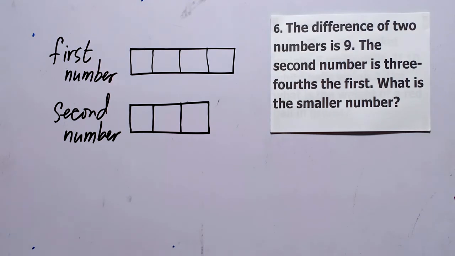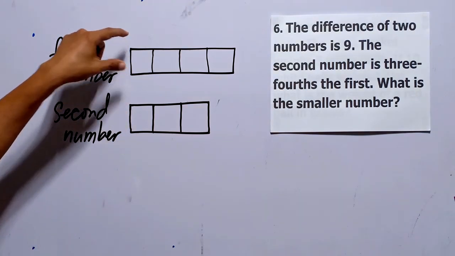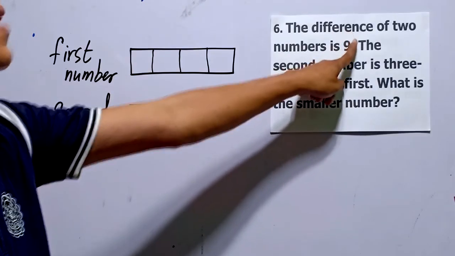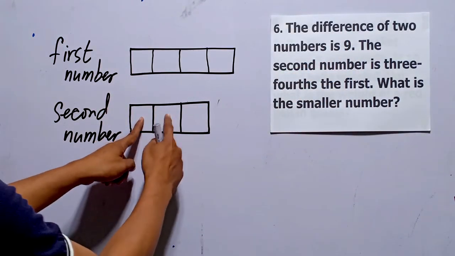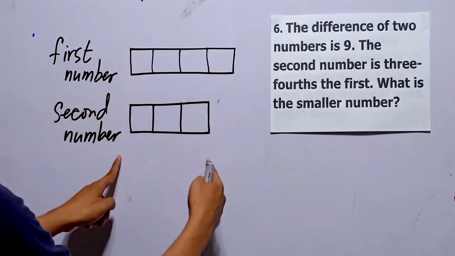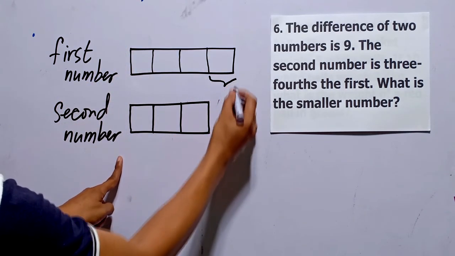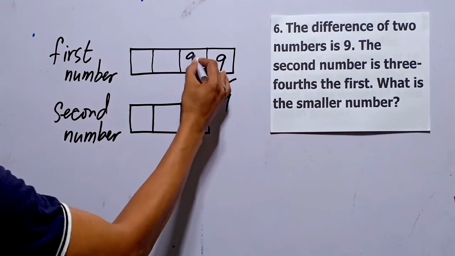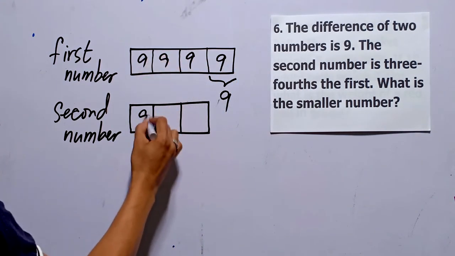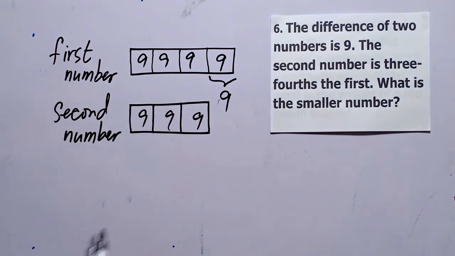Correct? So if you notice again, where is the difference here? Because it says the difference of two numbers is 9. So this is our difference, which is 9. Meaning, one box is 9. Do you agree?